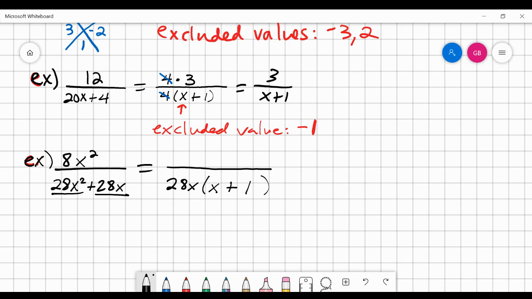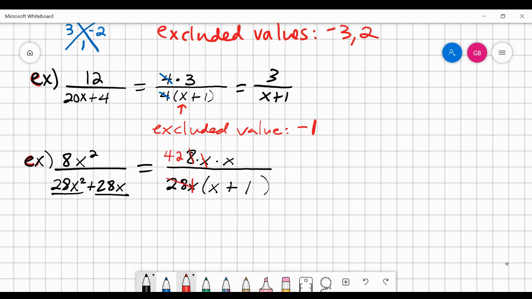On the top we have 8x squared, so I'm going to actually expand that to 8x times x. I expanded it because I want to simplify some stuff out. Notice I could cross out an x and an x now. Those two go away. And then you can simplify the 8 over 28. 8 is the same thing as 4 times 2.